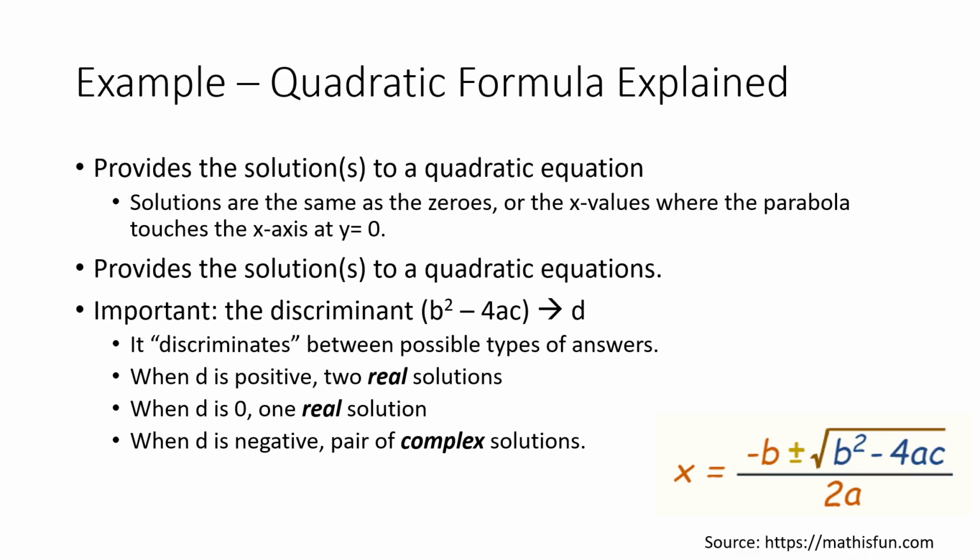So when the discriminant d is positive, that means there will be two real solutions. If the discriminant d is 0, then there's only one real solution. And when d is negative, there will be a pair of complex solutions. Producing results for complex solutions in programming can be a bit difficult, but it's not impossible.